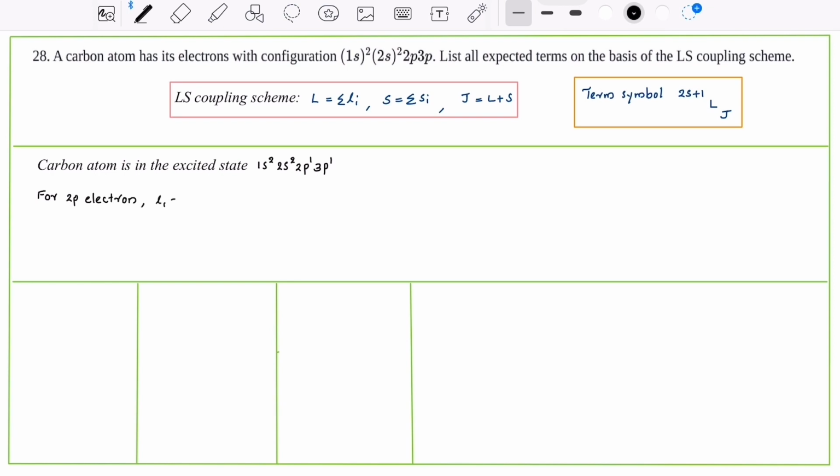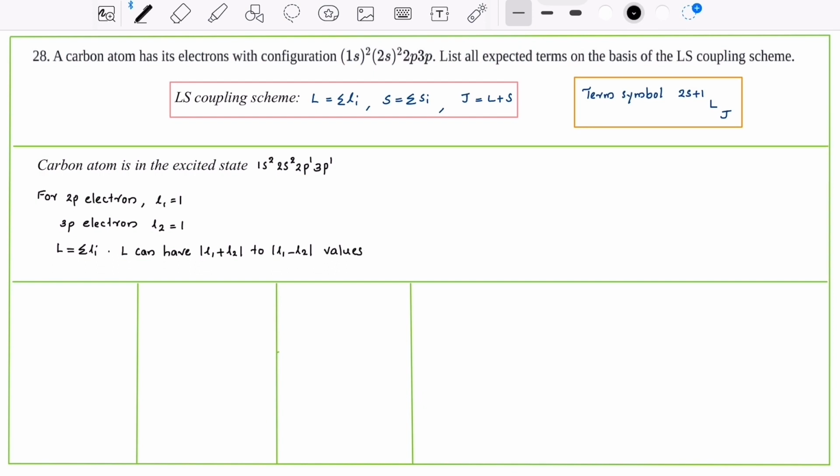Now, for the single 2p electron, we have L1 is equal to 1, and for the 3p electron, we have L2 is equal to 1. According to LS coupling scheme, L is equal to sum over Li, and this capital L can take the values from modulus of L1 plus L2 to modulus of L1 minus L2.